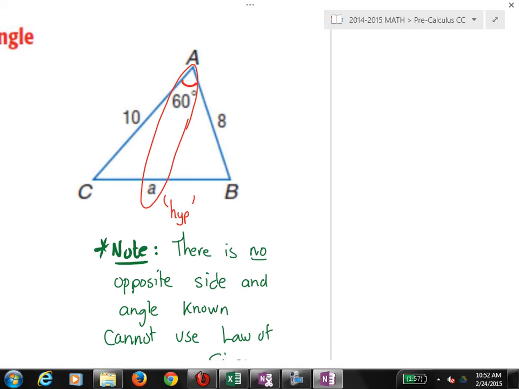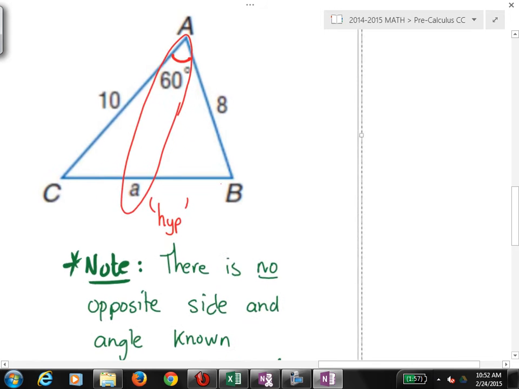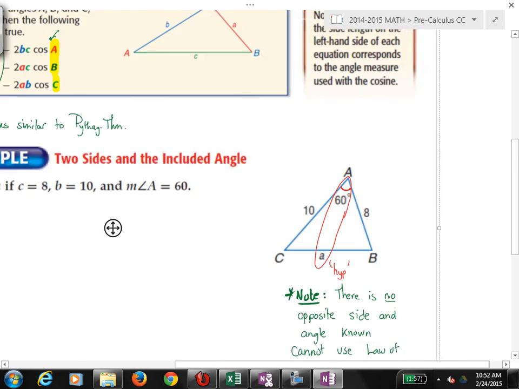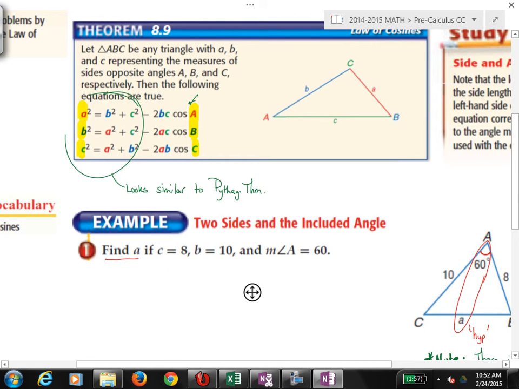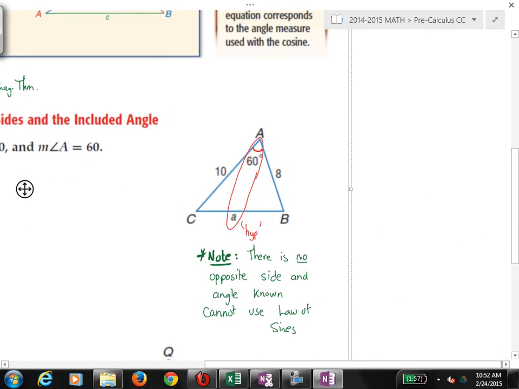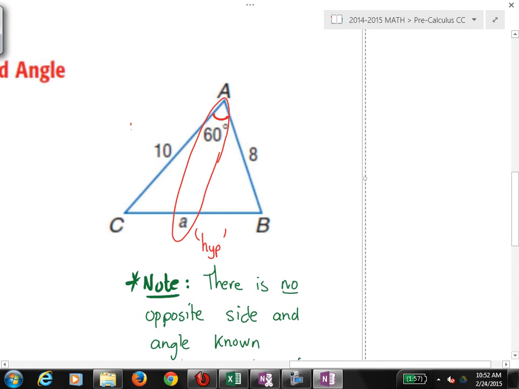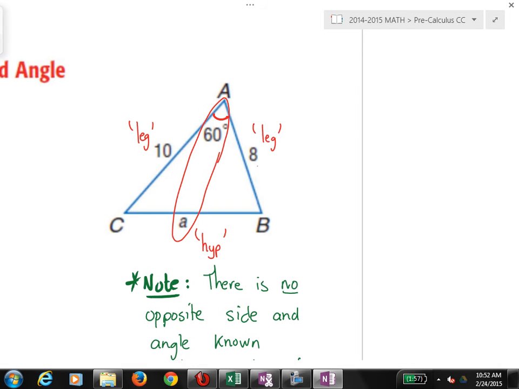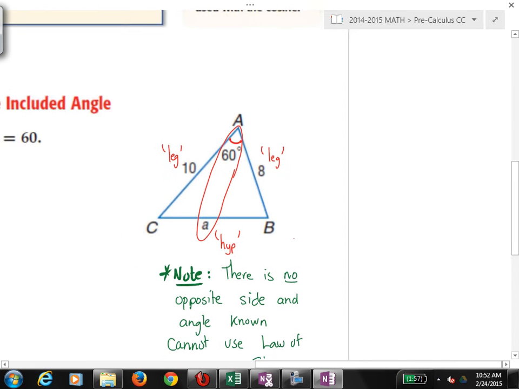Once you designate that opposite side and angle, remember that from the formula, this is going to be what's going to be on the outside, the side over here and the angle over here. Now the other two sides are going to become the "legs," so to speak, again in quotations. But all this that I'm putting in quotations, the legs and the hypotenuse, is to help me set up my problem.